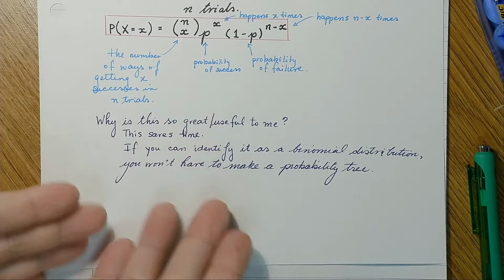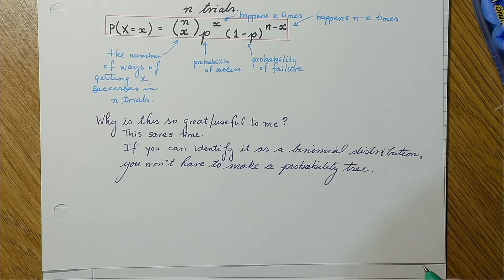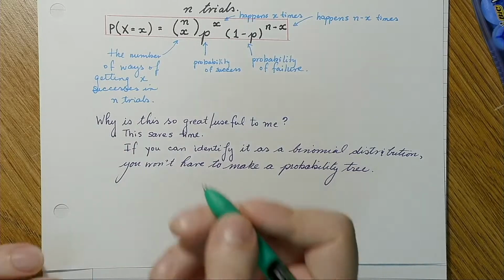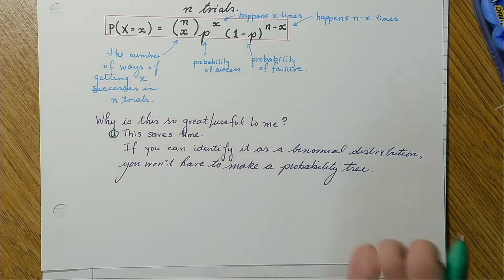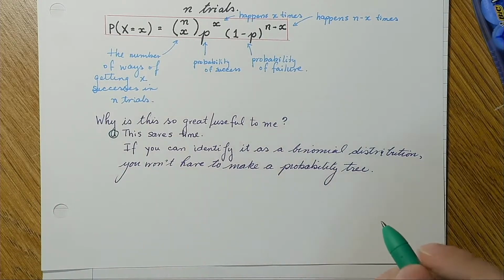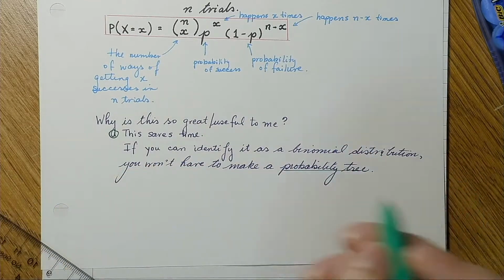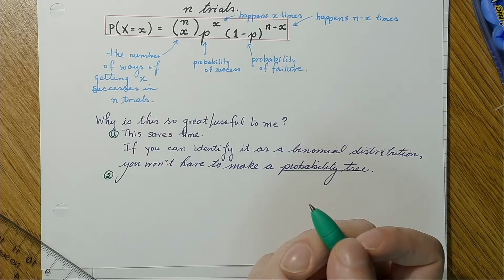Does this save time then, if you don't have to construct a probability tree? I feel like I'm trying to sell something on television. But wait, there's more. Okay, so it saves time. You don't have to do a binomial probability tree. Makes it faster.